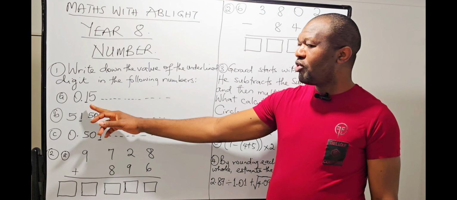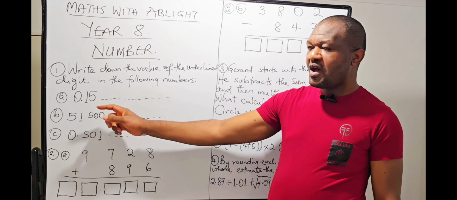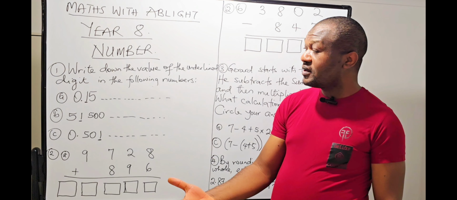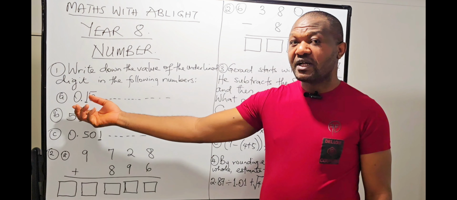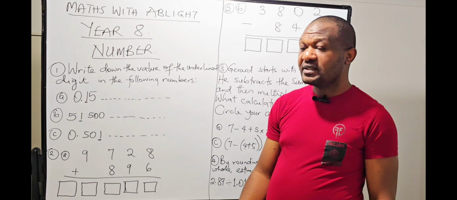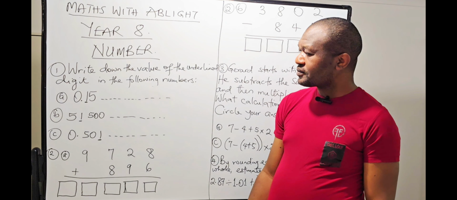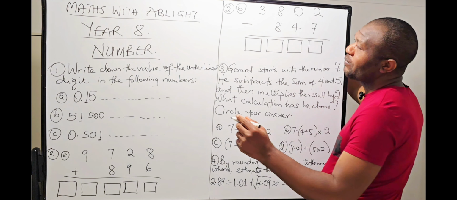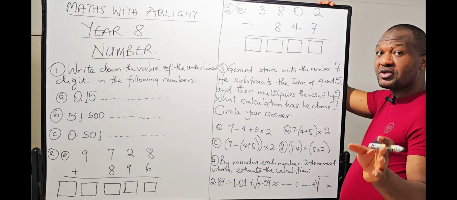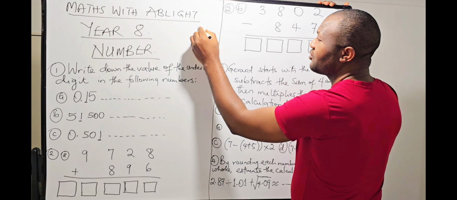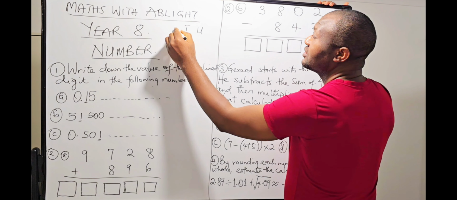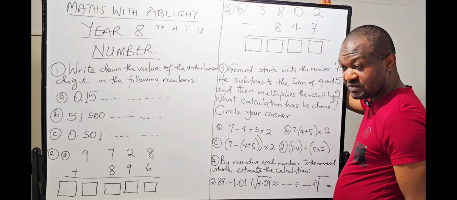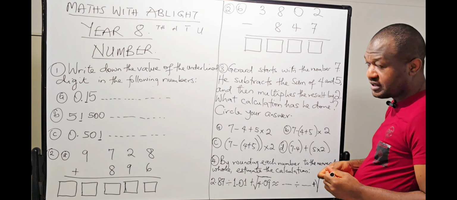A, 0.15. 1 is underlined. They want you to tell what value, or what's the place value, so to say, of 1 in that number. When you are dealing with numbers, if it's a whole number that has got no decimal points, you name them from units to tens to 100 to 1,000, tens of thousands, and all of that.